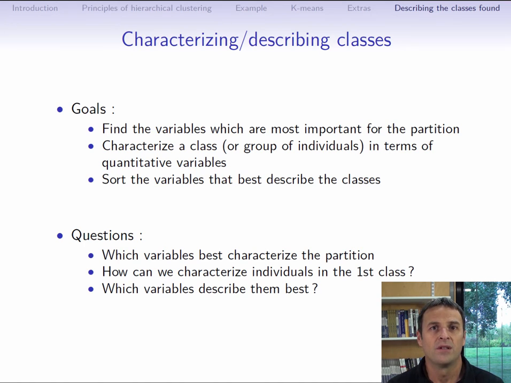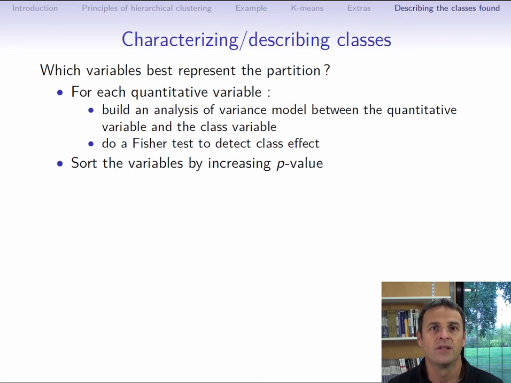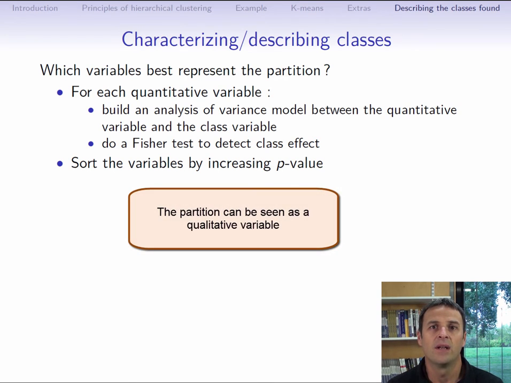In terms of questions, we therefore have: what variables most influence the partition, and what variables best describe or represent individuals in class 1? The partition, that is, the division of the individuals into the various classes, can be seen as a qualitative variable with as many categories as there are classes.